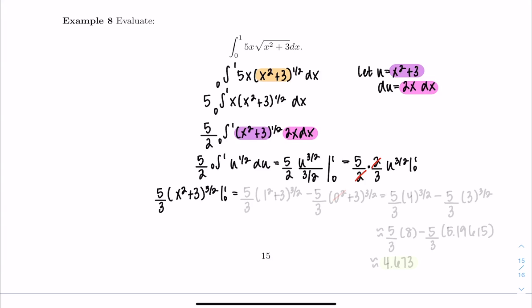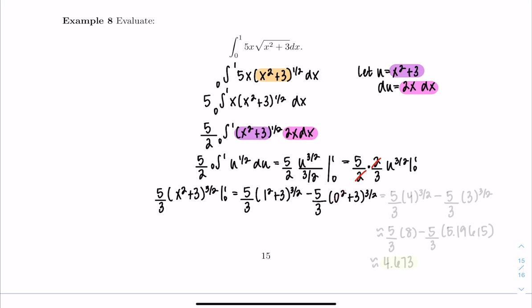And so we're just going to plug in. That's 5/3 times 1 squared plus 3 to the 3/2 minus 5/3 times 0 squared plus 3 to the 3/2.